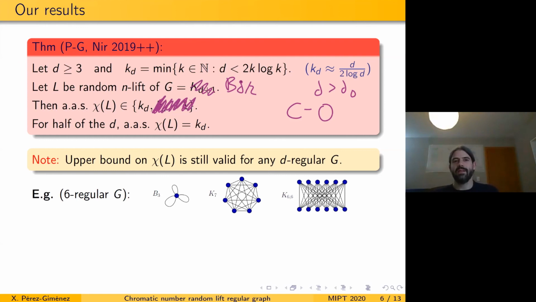So they do some second moment method, but instead of counting colors, they count clusters of colors in this very strange geometry, using some intuition that comes from statistical physics.